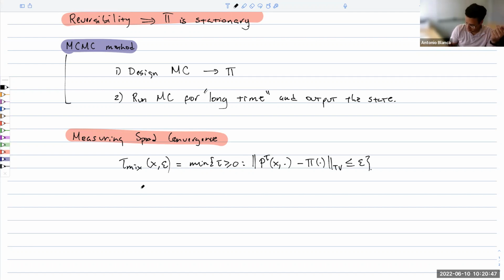Remember that total variation distance is half of the L1 distance.